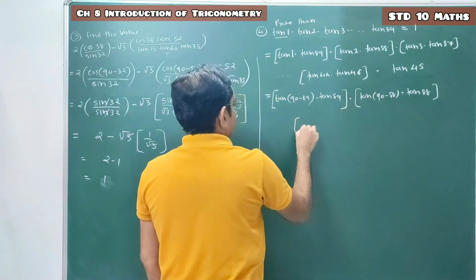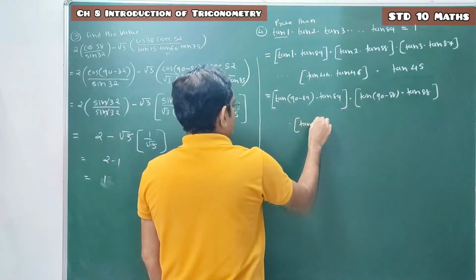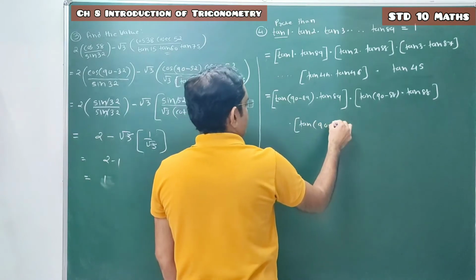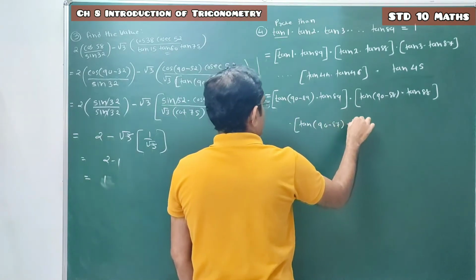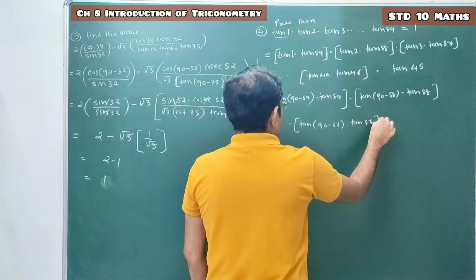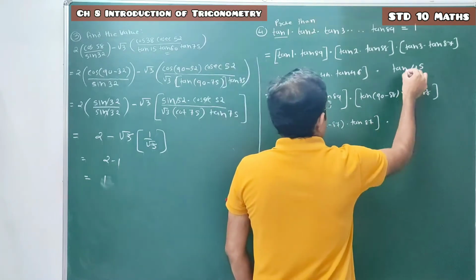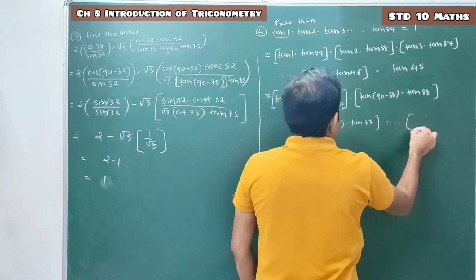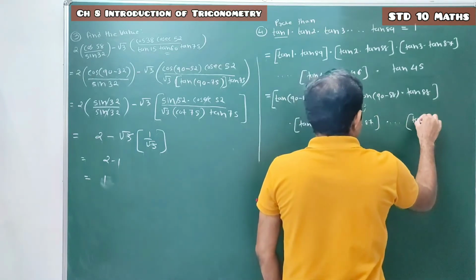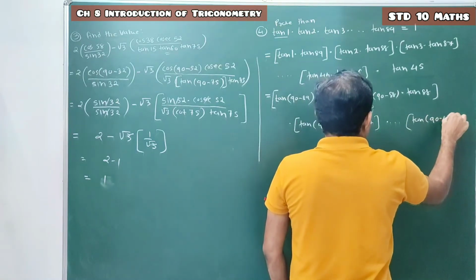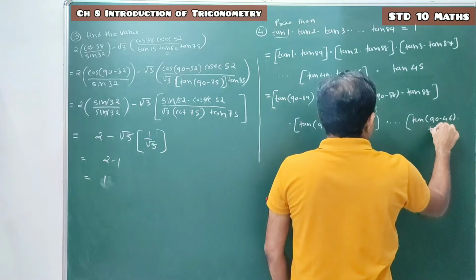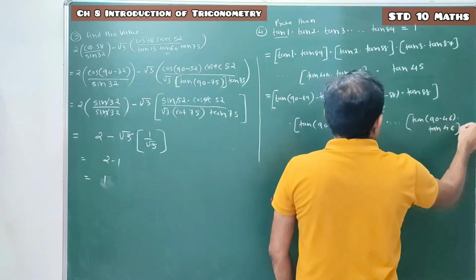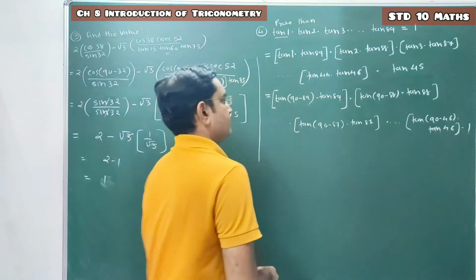That tan 3 as tan of 90 minus 87, into tan 87, and multiplying like this up to tan 44 as tan of 90 minus 46, into tan 46, and tan 45 is 1.